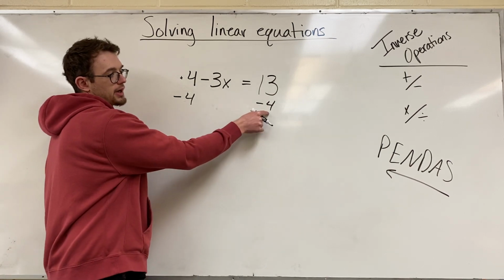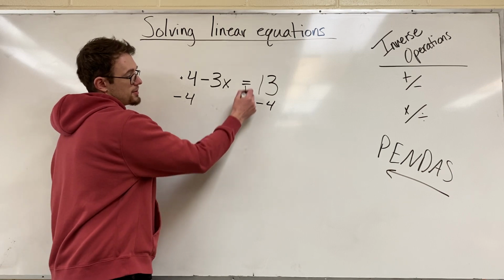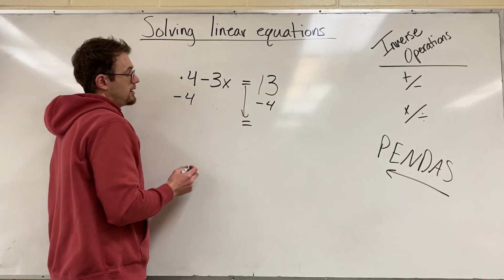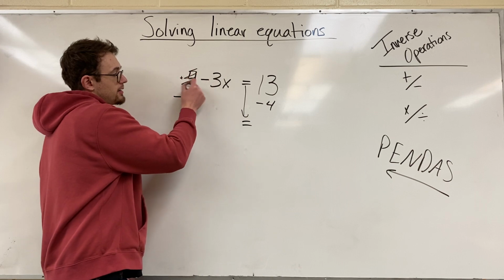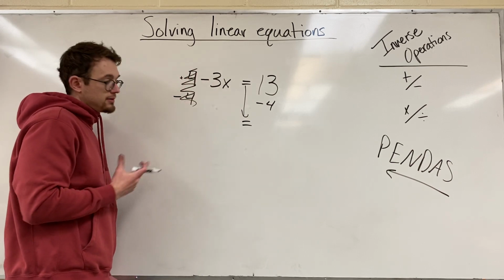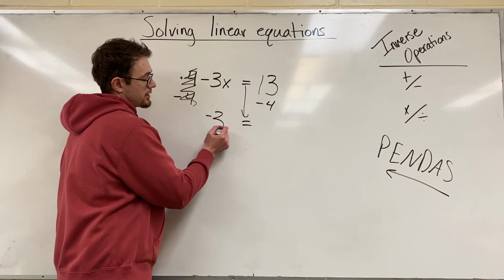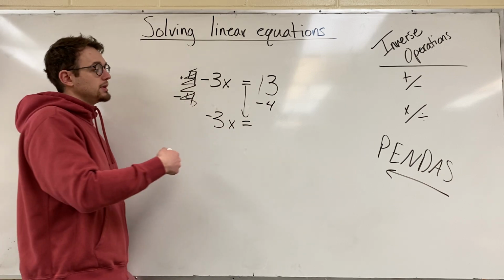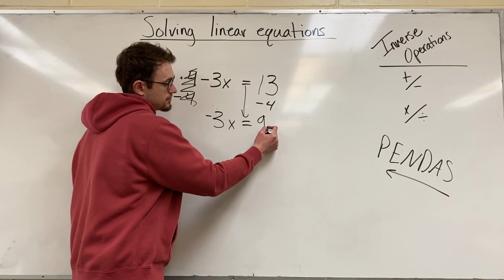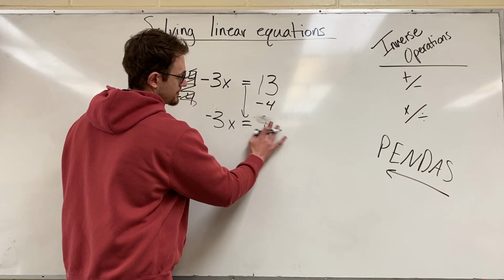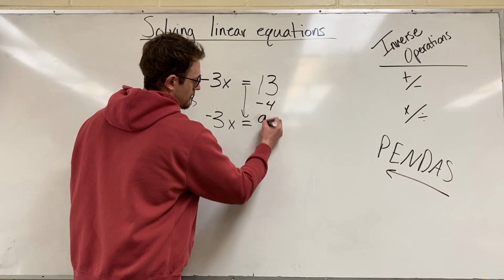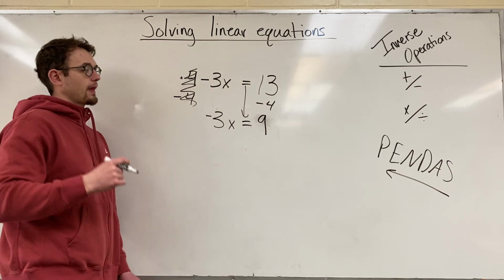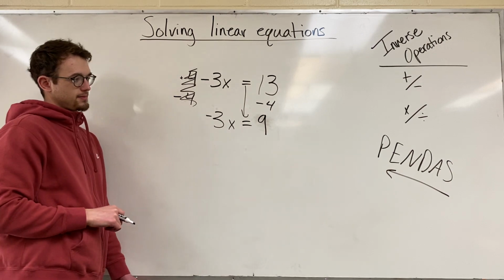All right, and like I did the other side. So I'm gonna drop my equal sign. This is now gone, I got rid of it, whole point. So now I just have negative 3x. 13 minus 4 is 9. All right, now we can get rid of the multiplication.